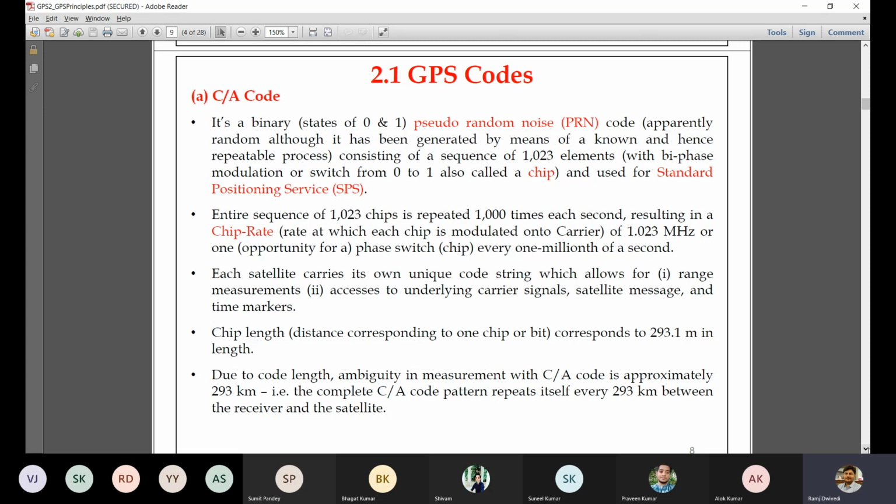Chip length corresponds to 293.1 meters in length. Due to code length, ambiguity in measurement with CA code is approximately 293 kilometers. That is, the complete CA code pattern repeats itself every 293 kilometers between the receiver and the satellite.